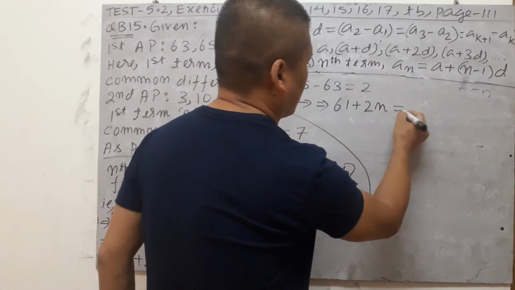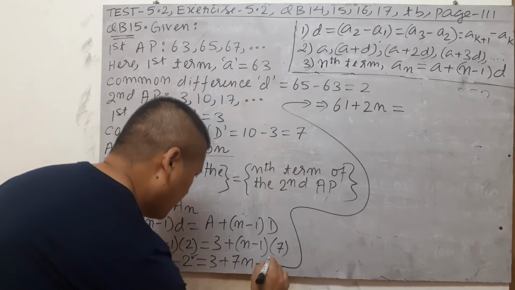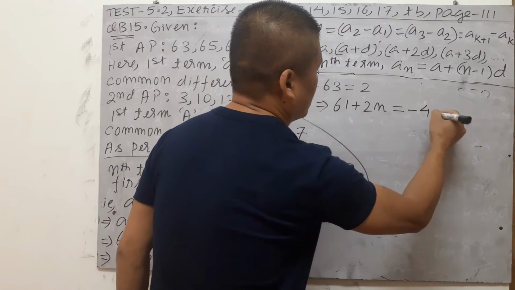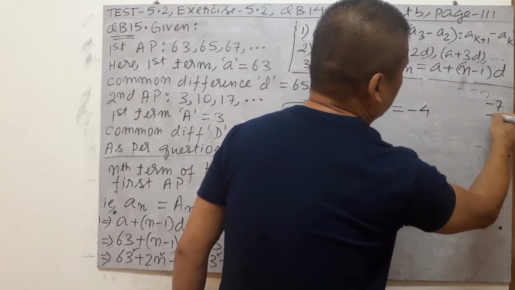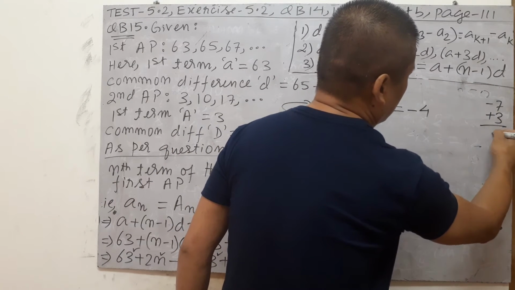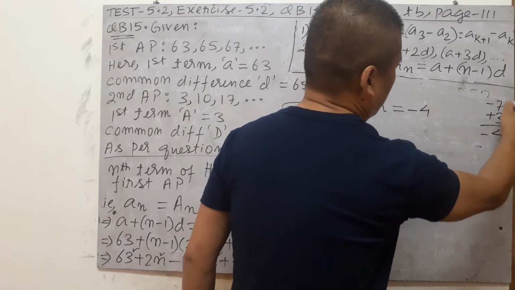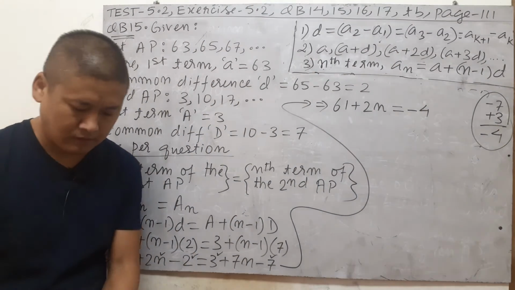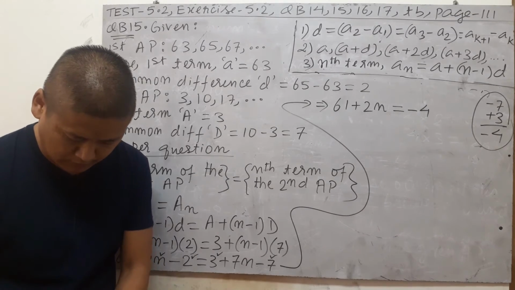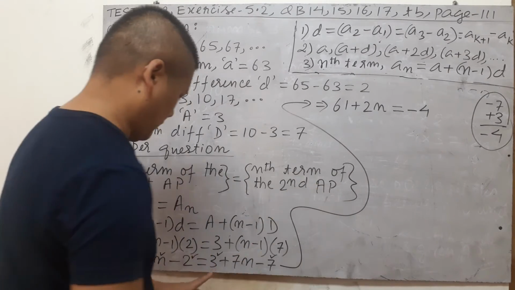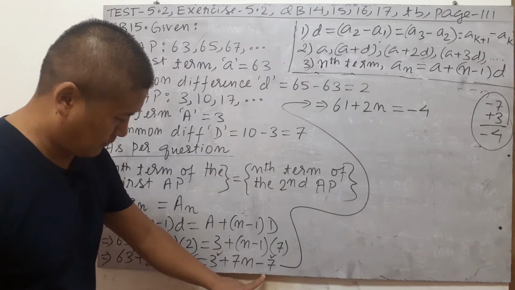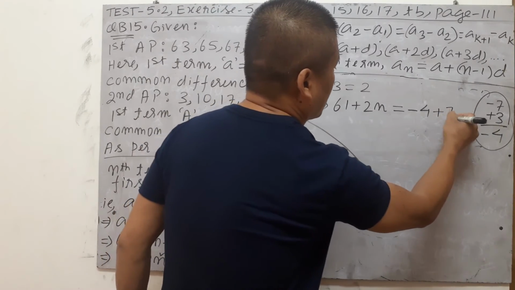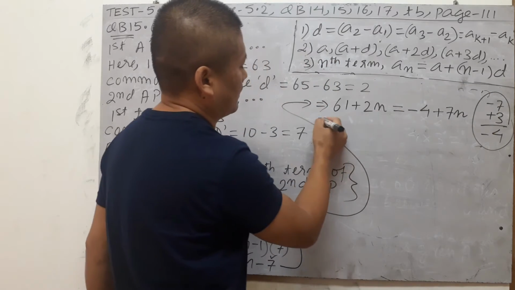On the right side likewise, minus 7 plus 3 is minus 4. Minus 7 plus 3 is subtraction, 7 minus 3 is 4, and the bigger one is minus, so that's how we do it. Then we can see here plus 3 minus 7 is minus 4, and then you can write this plus 7n, and do it carefully.